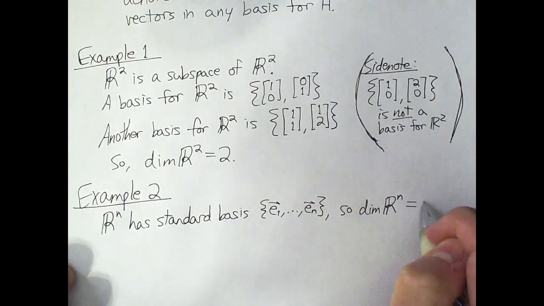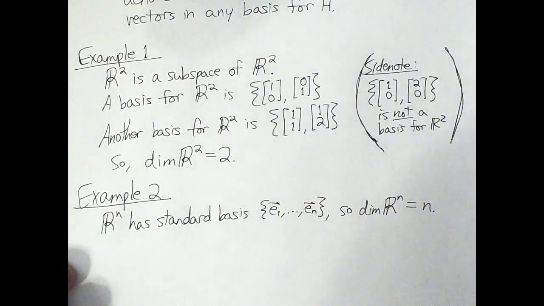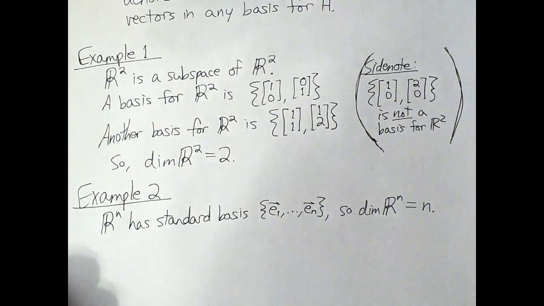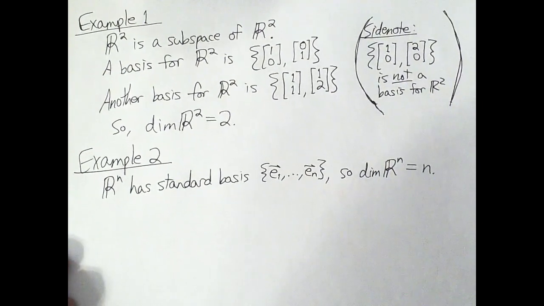So the dimension of Rn is n. This is why I say that a basis usually just has a few vectors in it, because we tend to talk about things in this class like R3, R4, like how big have we really gone, right? We usually are talking about relatively small cases, but you could imagine that it could get bigger.